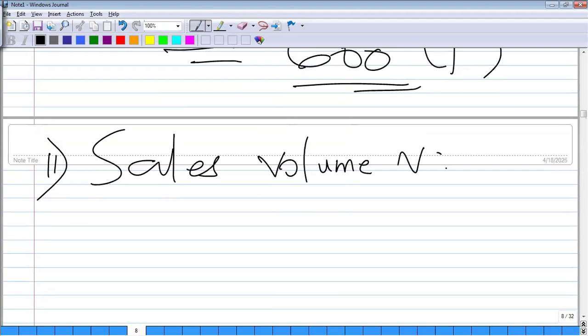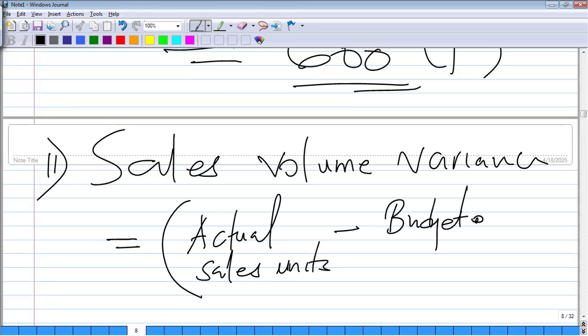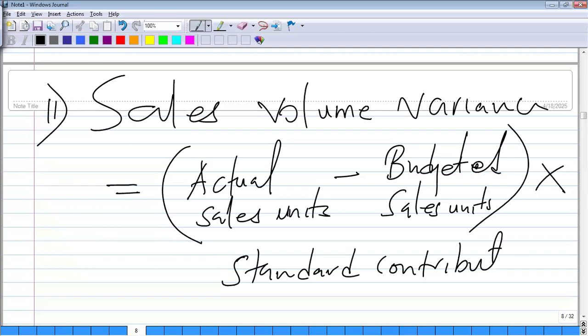Then the sales volume variance, we are looking at the difference between actual sales units minus budgeted sales units, times, remember they sent us a message already telling us it is marginal costing, times standard contribution per unit, okay?